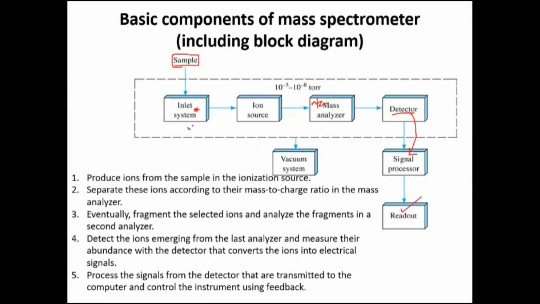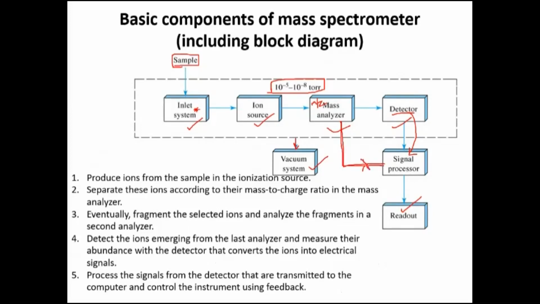Now, the inlet system, ion source, mass analyzer and detector all operate at very low pressure, and for applying that low pressure, a vacuum system is used. Now one more part is that this mass analyzer is also connected to the signal processor.